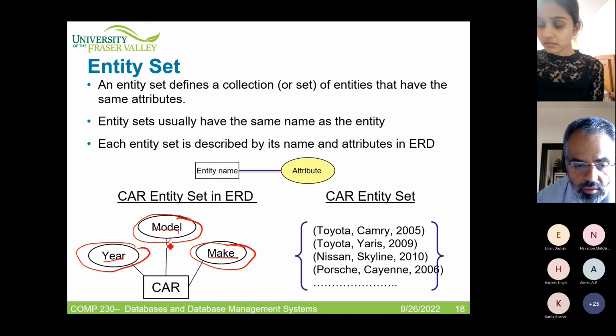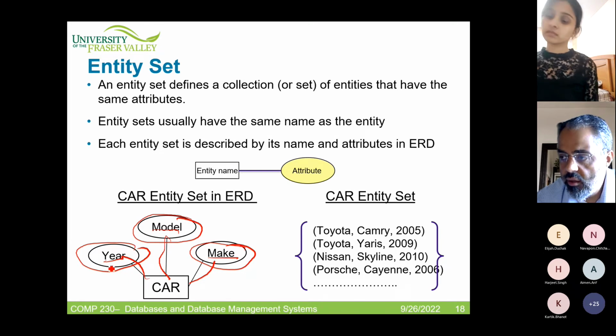And there should be a line from the rectangle of the entity to these attributes. So this is how we represent an entity set with its attributes in an ER diagram.